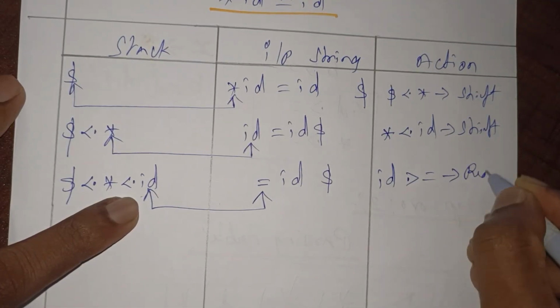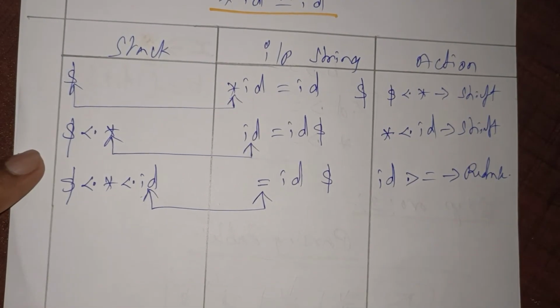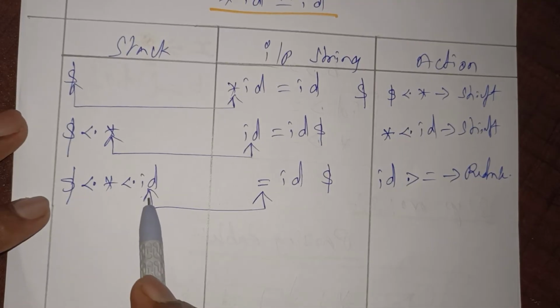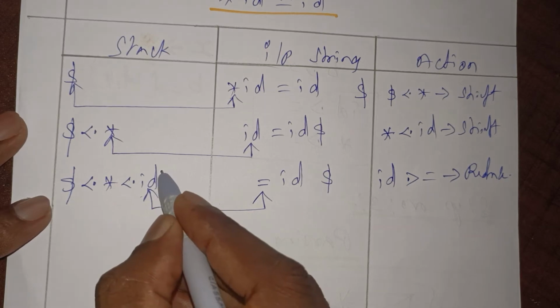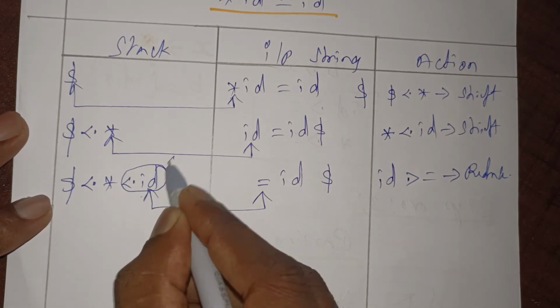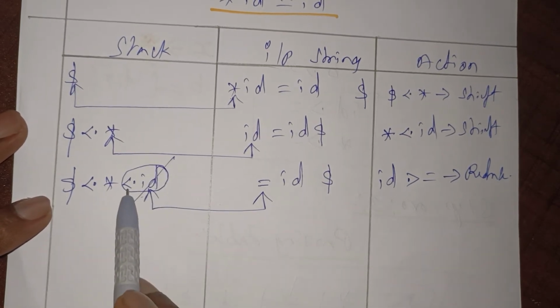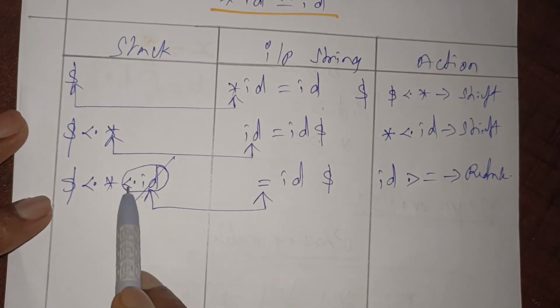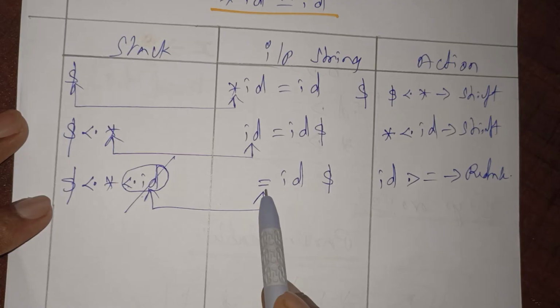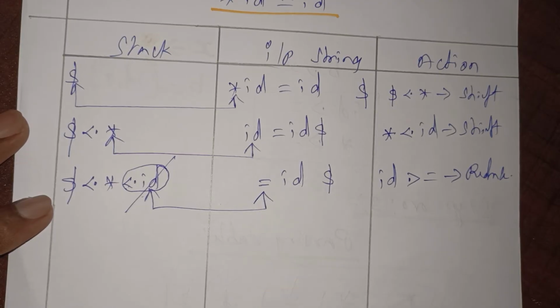Then reduce. Reduce what? Only in the stack, not in the input. I need to reduce this because this symbol has to be reduced, or else you cannot compare this symbol with any other input string. That is the most important thing.